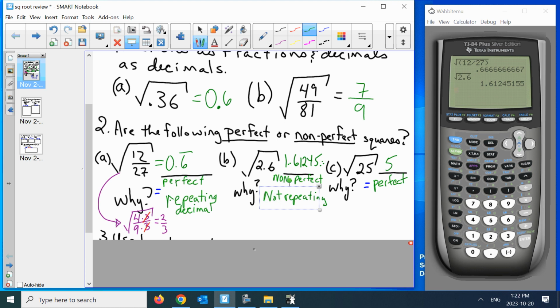It's 5.0 and you don't even need it, right? Terminating or decimal stops. You don't have to use the word terminating. So when I ask you a question like that, that's what you're after.